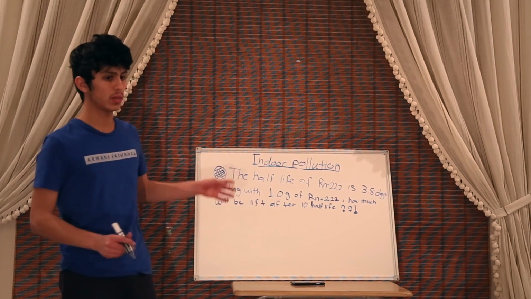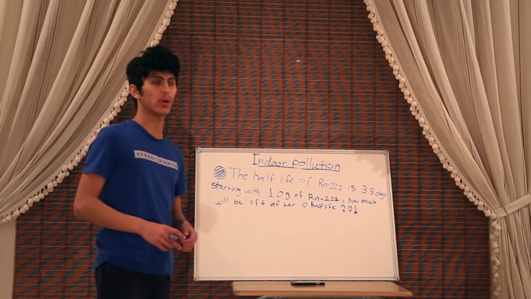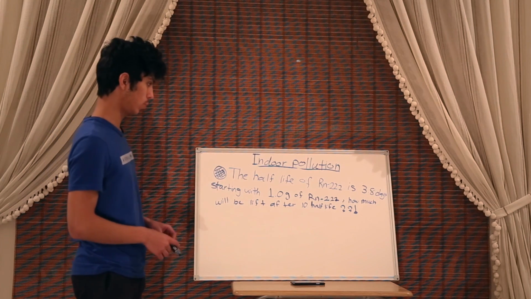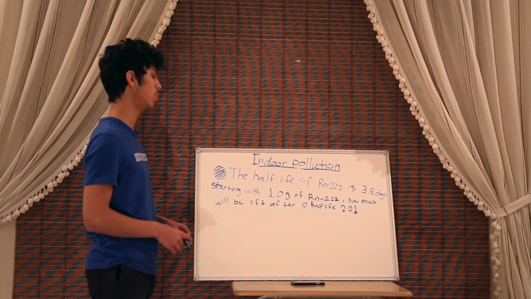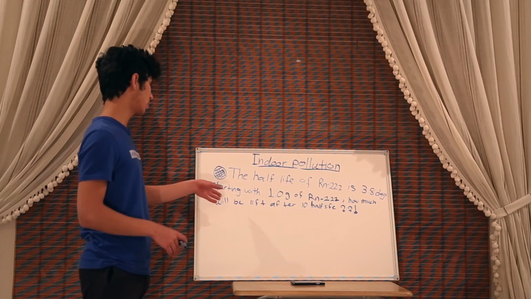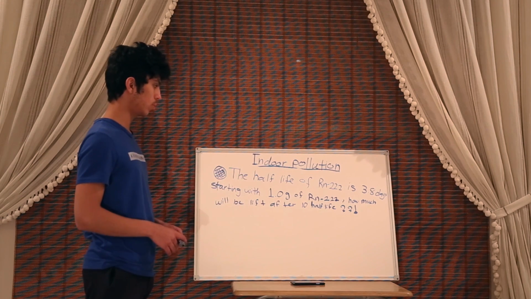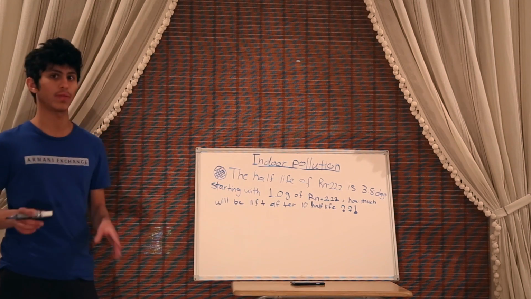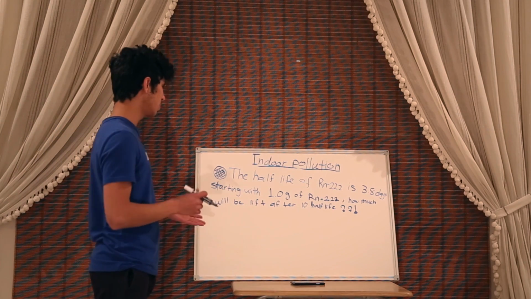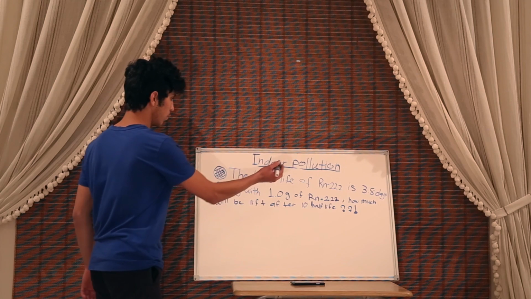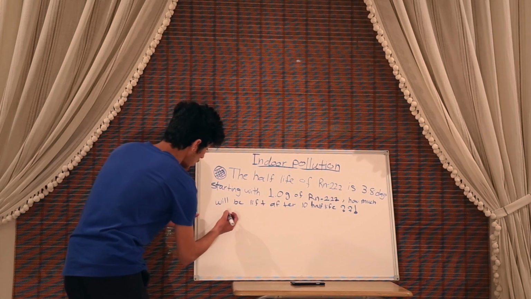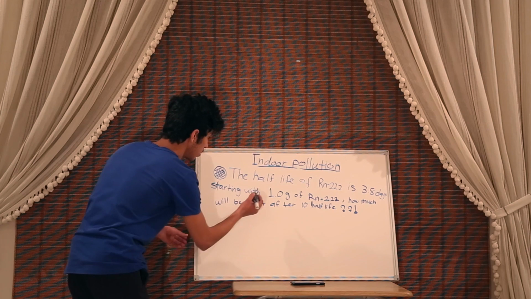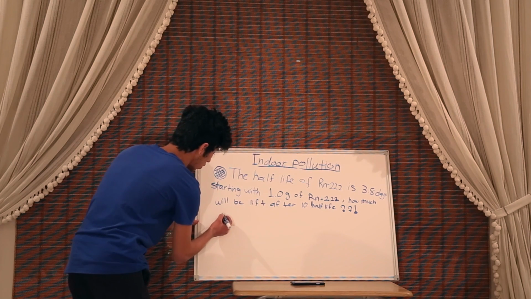Here we have an application of radon 222. The half-life of radon 222 is 3.8 days. Starting with 1 gram of radon 222, how much will be left after 10 half-lives?